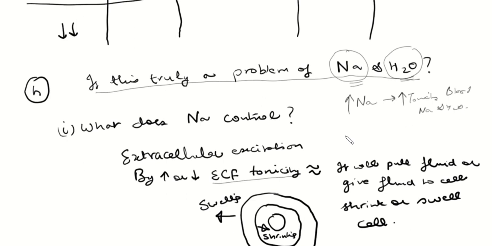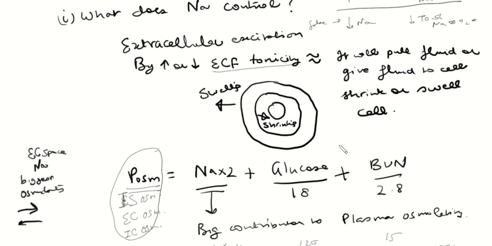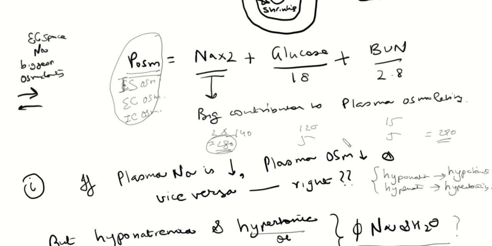If not, it's another problem. Same thing with low sodium. I'm expecting low tonicity if it's an issue of sodium and water. If this is not the case, then it's actually false hyper and false hyponatremia. Okay, so that's the next concept that we talked about.